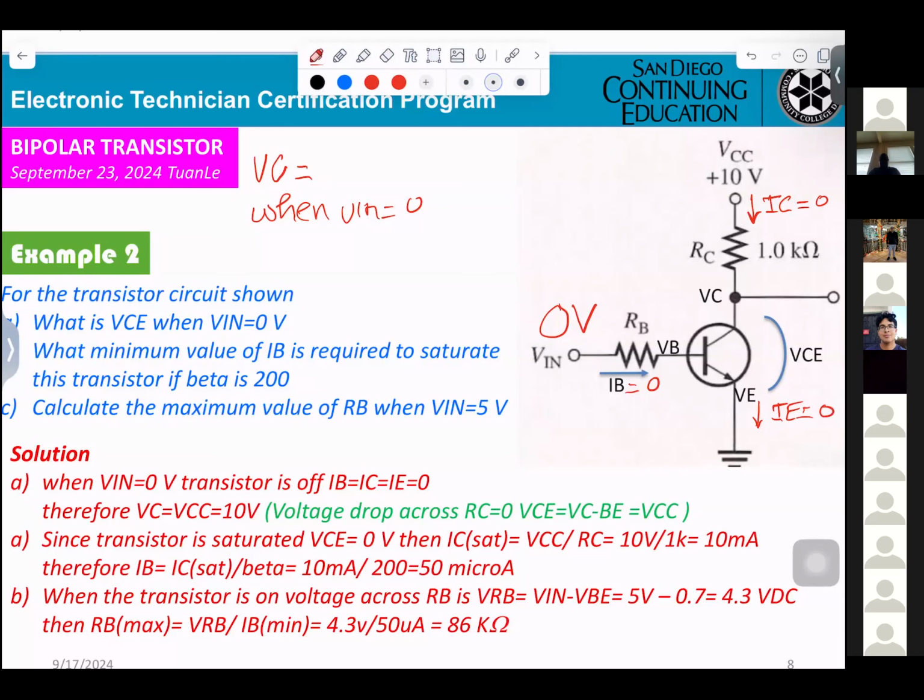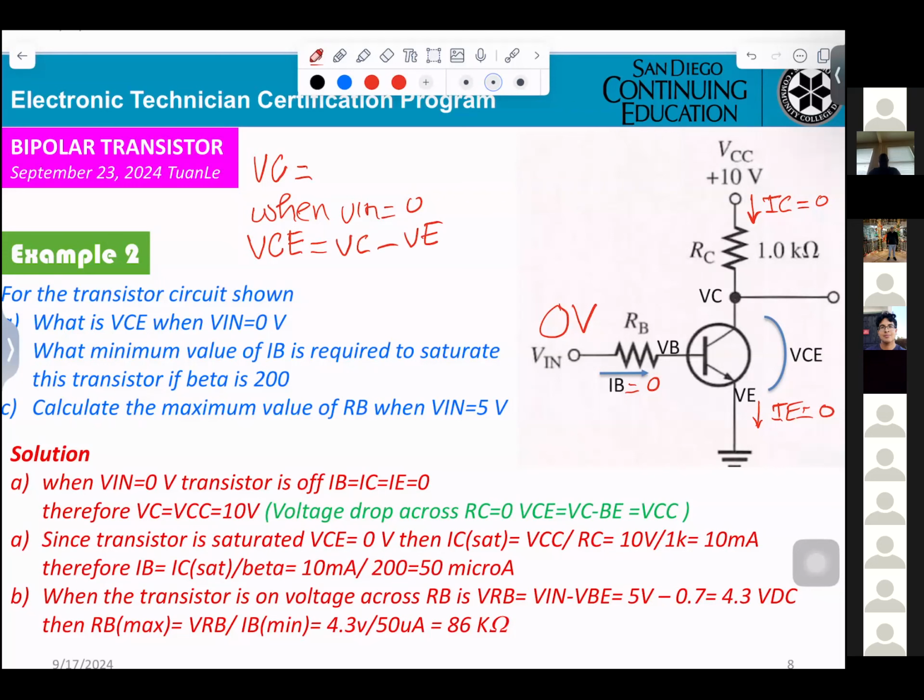So now they're asking VCE. VCE equals VC minus VE. Is it correct? Correct.